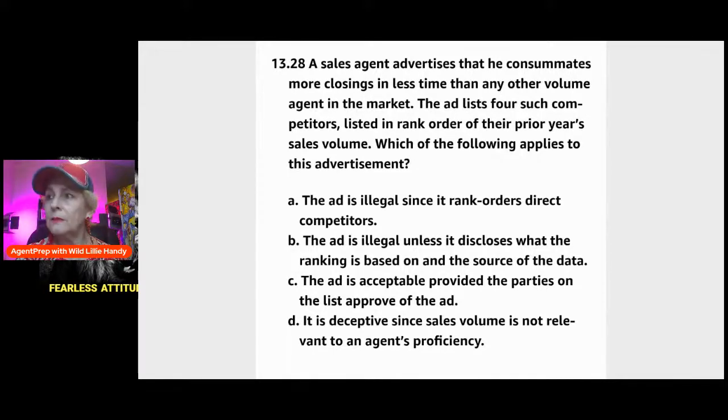Anyone else? And yes, the answer is B. The ad is illegal unless it discloses what the ranking is based on and the source of the data.